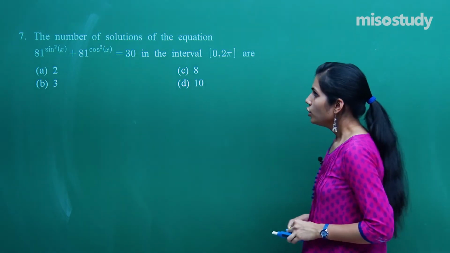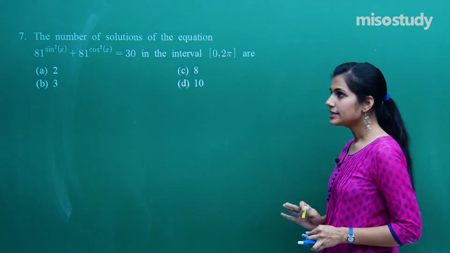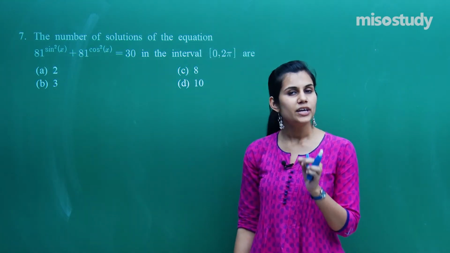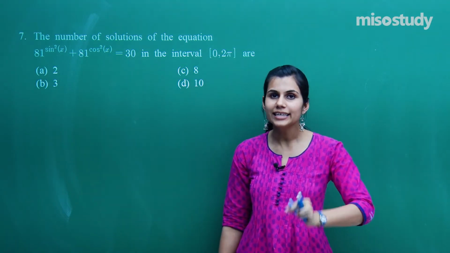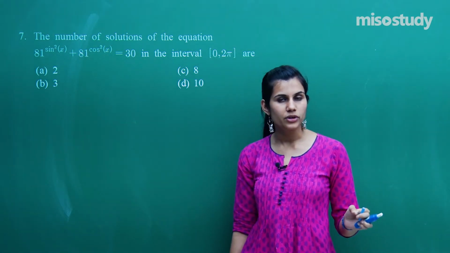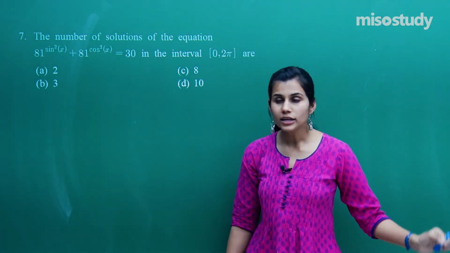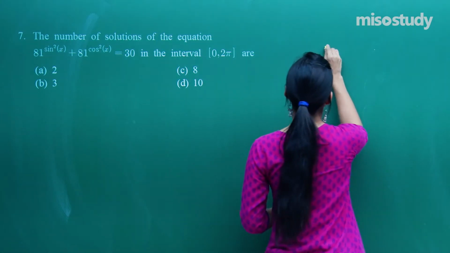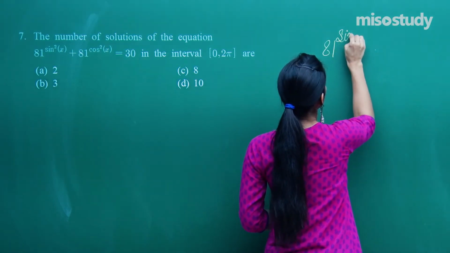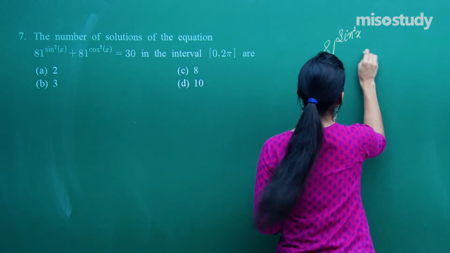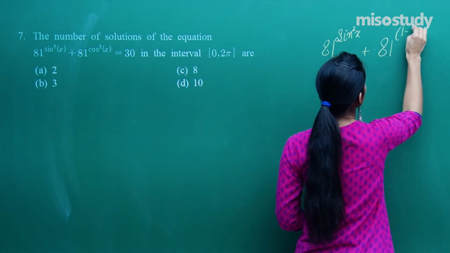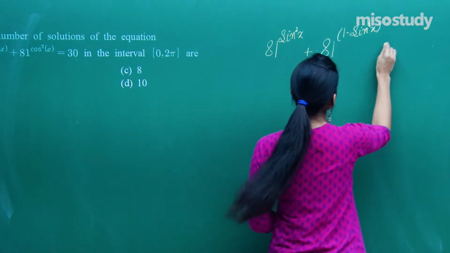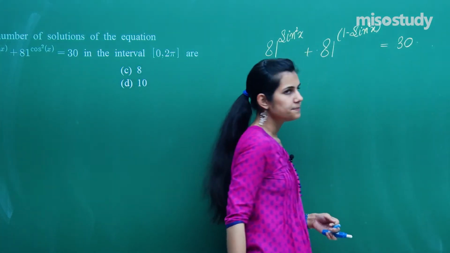There is no logarithm approach which is going to help you to deal with this power related question. Instead, one thing which I recently said also, that here you can see sine and cos are occurring in even powers, and we have a very nice formula to convert sine into cos when it is occurring in even powers, which is sine square x plus cos square x is 1. So cos square x can be written as 1 minus sine square x, and therefore 81 sine square x plus 81 1 minus sine square x equals 30.